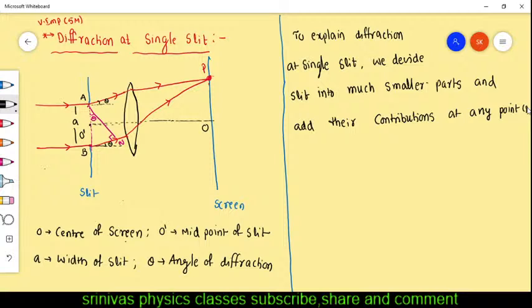We can consider it as P. At any point P on the screen, with proper phase difference.